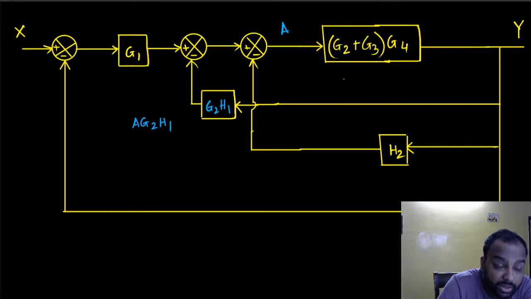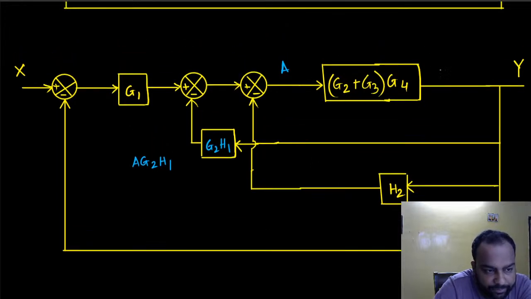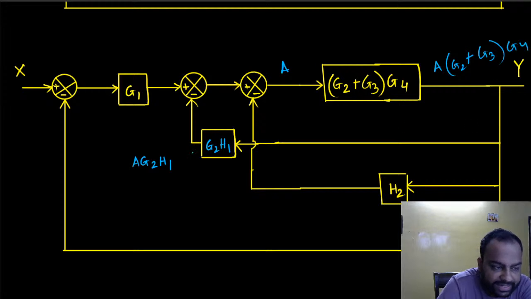Try to understand that if this is A, then this is going to be A(G2 plus G3) into G4, and that is now going into this one. When this was just here, this signal was A G2 H1. I want that, but unfortunately what I have now is A(G2 plus G3) into G4 multiplied by this transfer function. So this is not going to be the same. I want this output, but this is the input now.